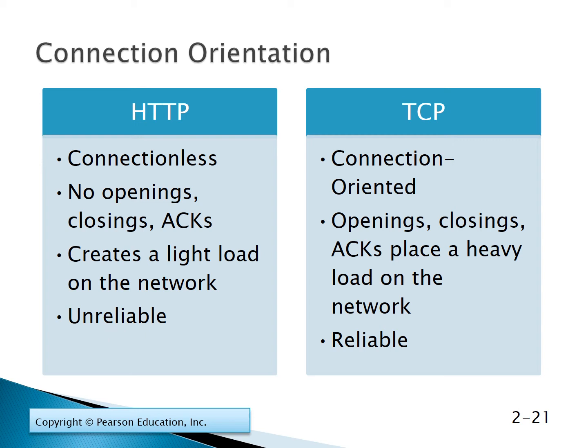But because all these different layers work together, we don't need all the layers to be reliable. If we do the checking at every layer, then that would create even more traffic on the network. So that's why a lot of times people just rely on the TCP layer to deal with the reliability.